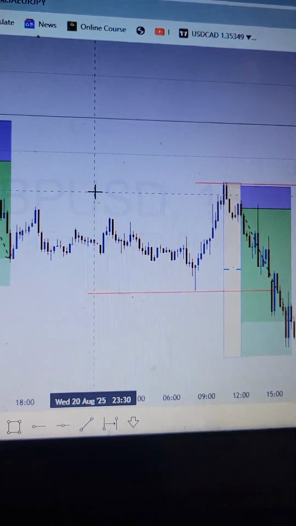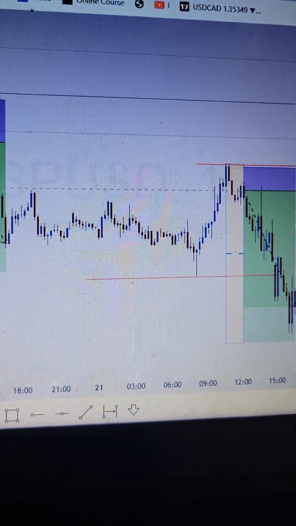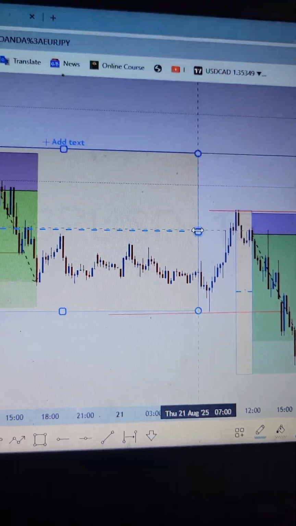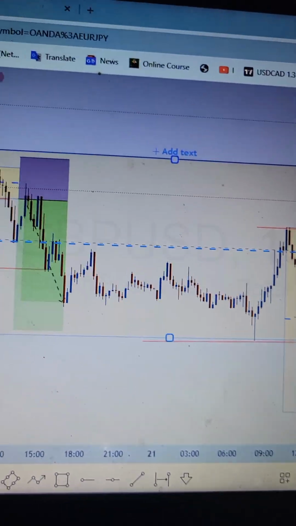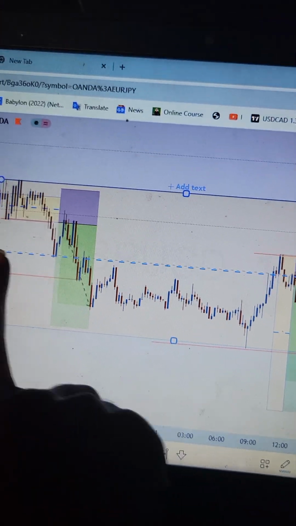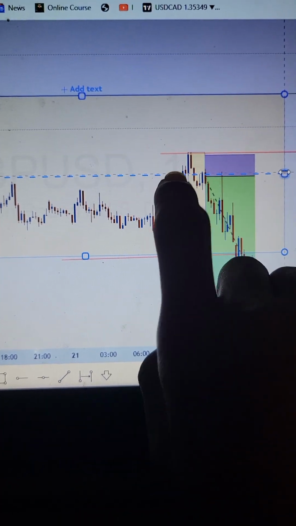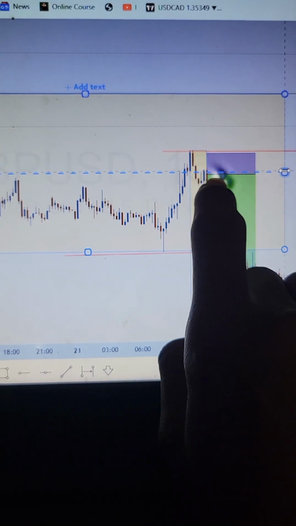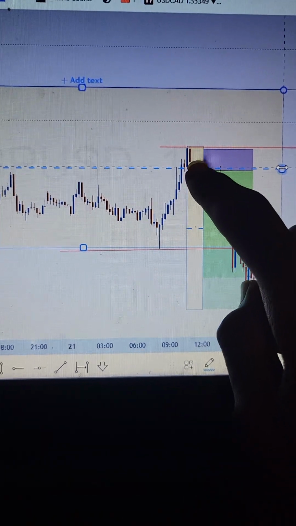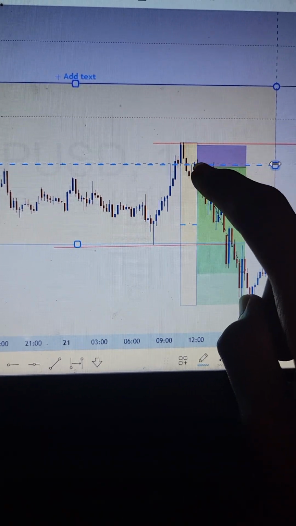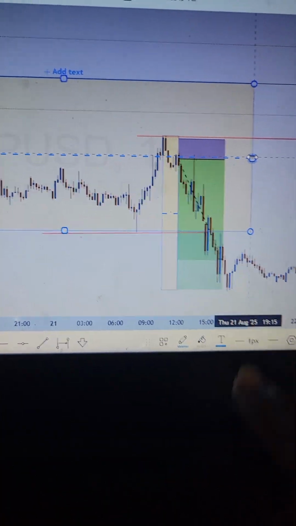So as you can see, as price pulled back to my area of interest at this point, this is above 50%. I wait for this small shift, I wait for the break of structure, then I also wait for the pullback. Then as soon as price pulled back, it dropped to the downside.